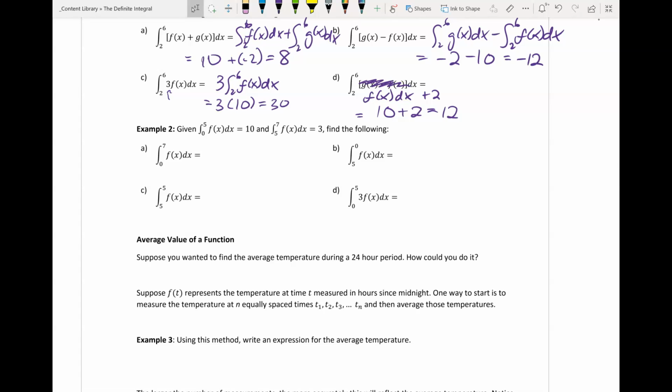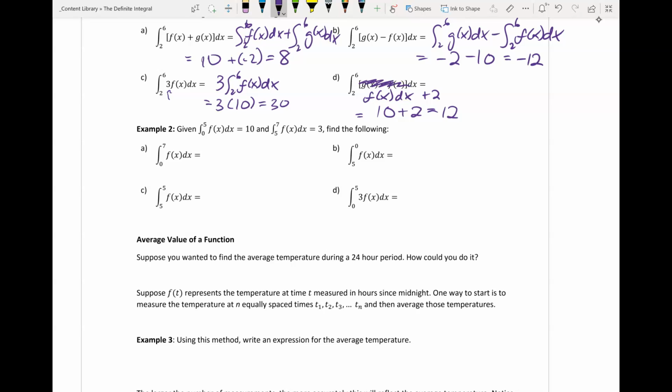All right, so for example 2, we're getting a new set of integrals, but we're still integrating f of x, just given different bounds. So we're going to go from 0 to 5, and then from 5 to 7.